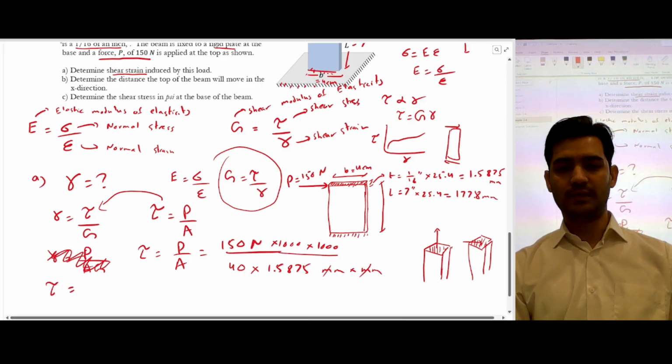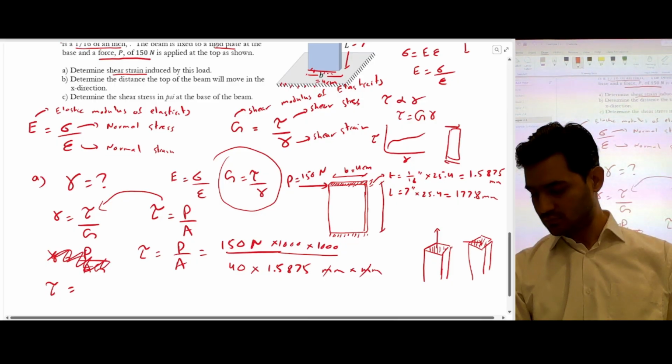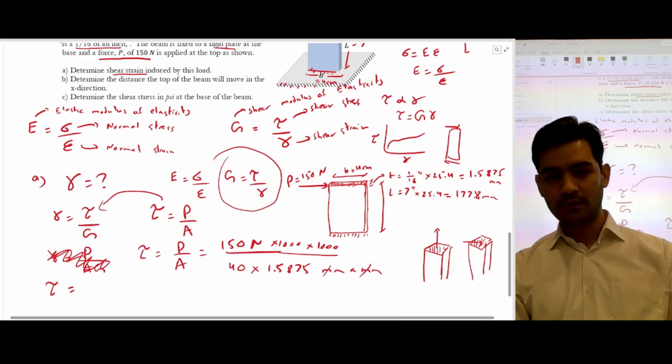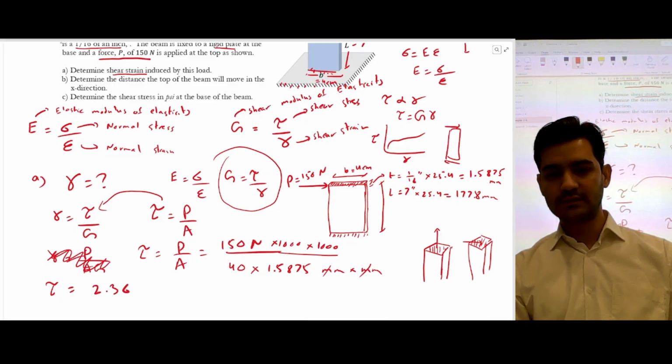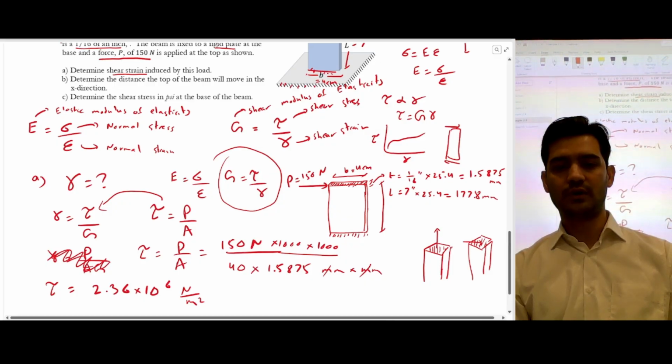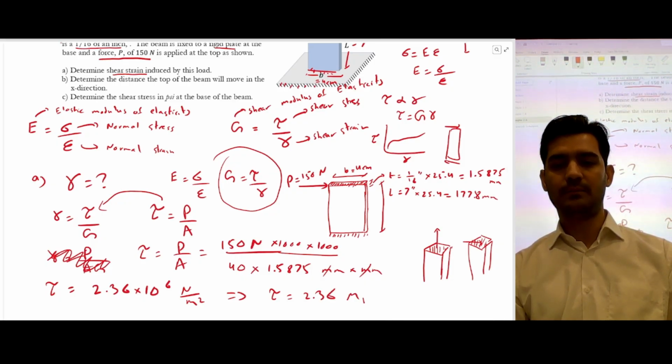So stress would be equal to 2.36 into 10 raised to the power 6 Newton per meter square, which is 2.36 megapascals.